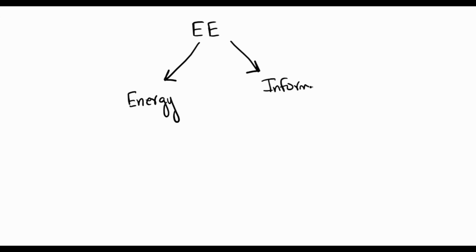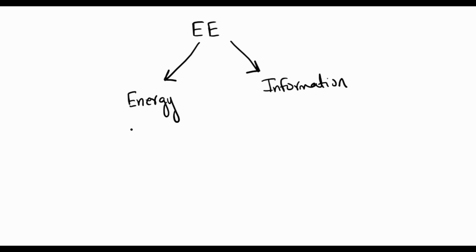So, double E or electrical engineering basically comprises of two different phenomena: the energy aspect of double E and the other one, which is the information aspect.